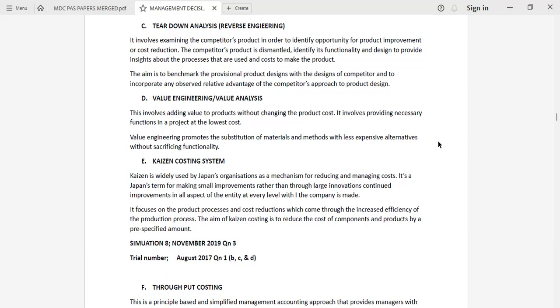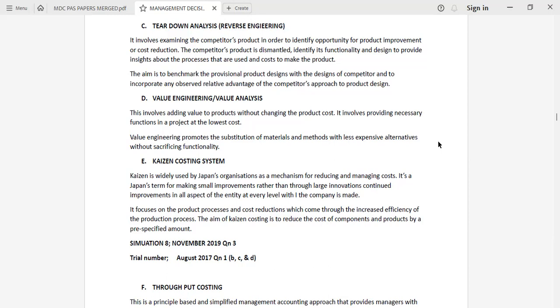If the customer wants Coca-Cola and doesn't want Pepsi Cola, there is no way you can force them to take what they can't take. But at least the price shouldn't be the cause of why a certain company is performing better than the other. So if it is price, we make sure that we deal away with it.